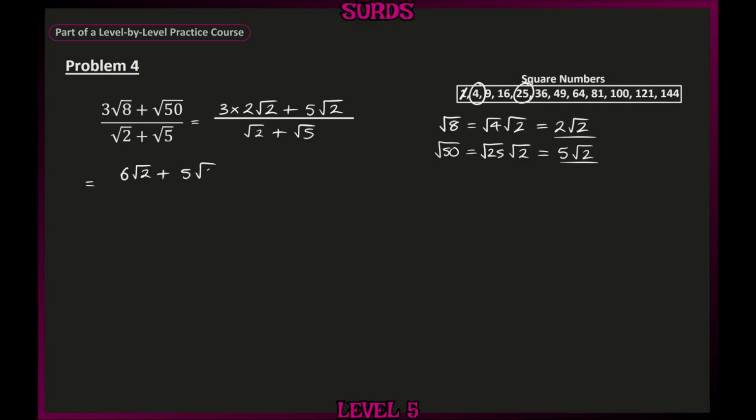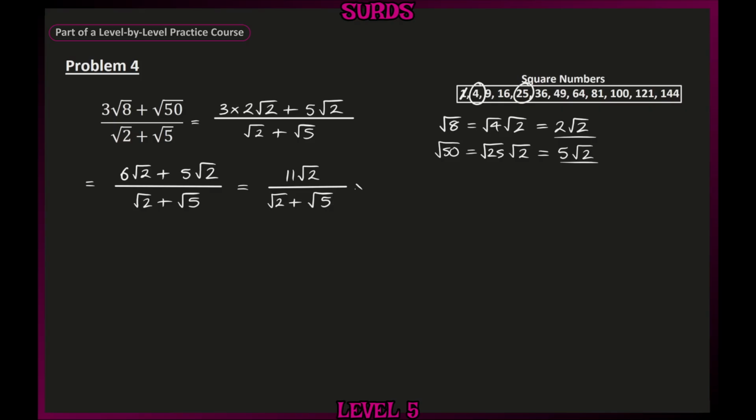We have plus 5 root 2, all divided by root 2 plus root 5. And we can continue to simplify the numerator by collecting together the 6 root 2 and the 5 root 2, which give us 11 root 2. So we have 11 root 2 over root 2 plus root 5. And although we haven't done any rationalising yet, we have really simplified that numerator, so hopefully now when we rationalise, it's a bit simpler to do.